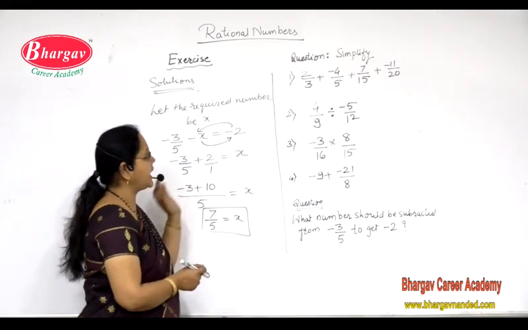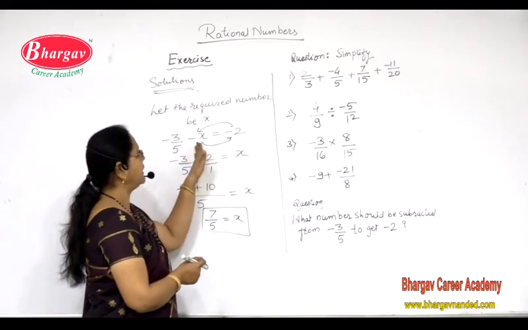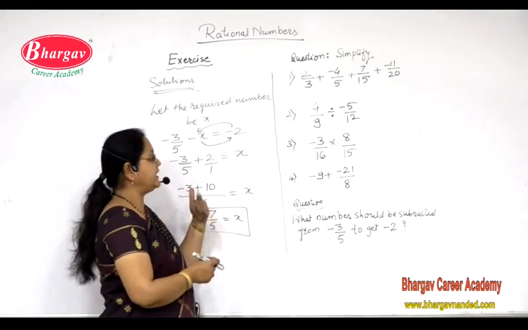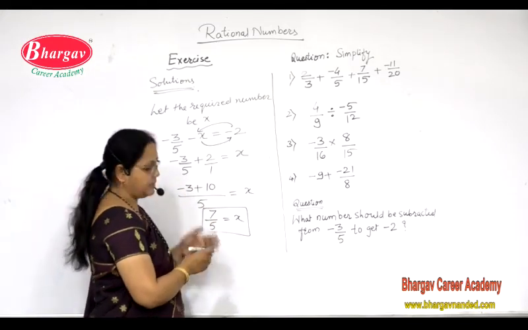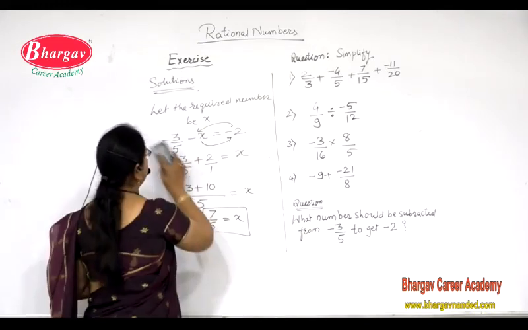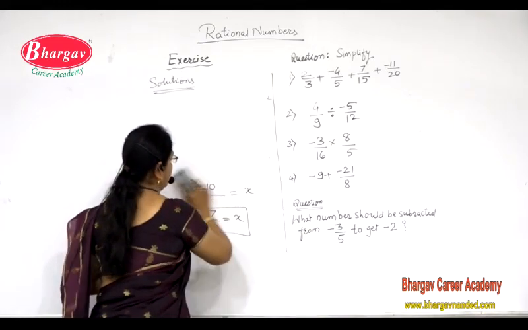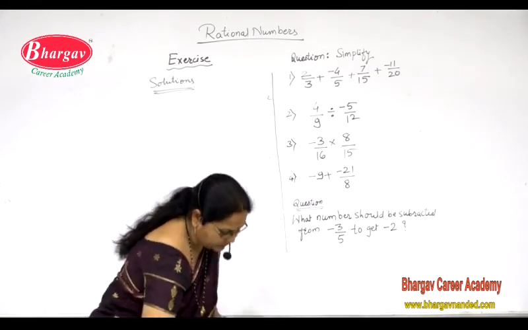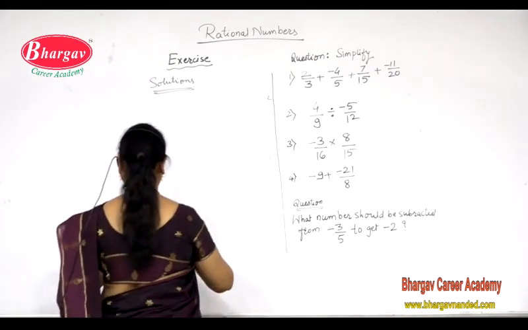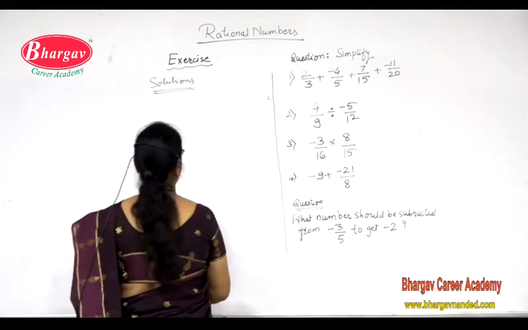Whenever you change the side for the number, it will change in sign on the other side. Let us take one more example based on such type of word problems. I write one more example. I write a question here.